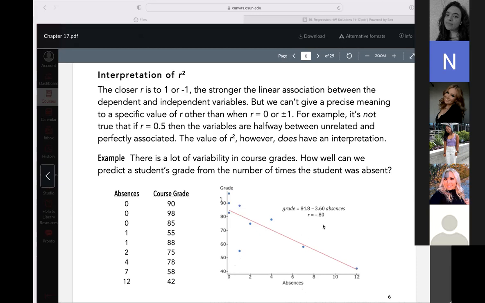Negative 0.8, that's a pretty strong correlation. But look at these three. These three had the same number of absences, and they didn't get the same grade. And these two, same number of absences, and didn't get the same grade. So obviously, absences alone can't be the only reason why people get the grade that they do.